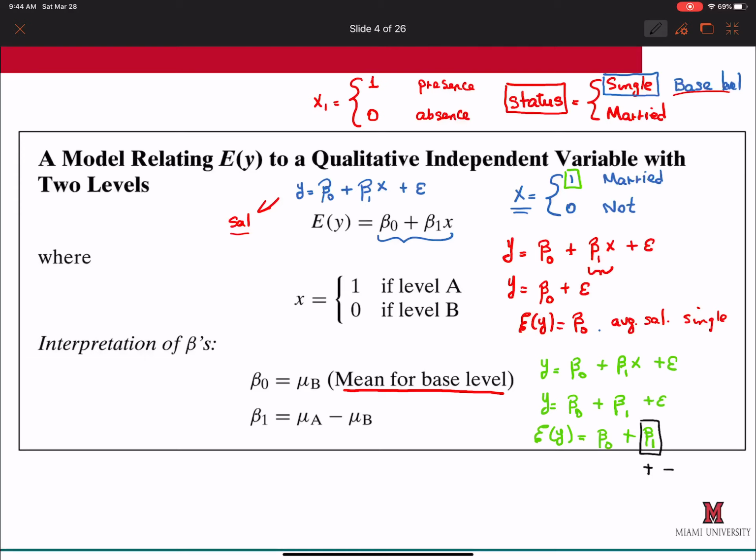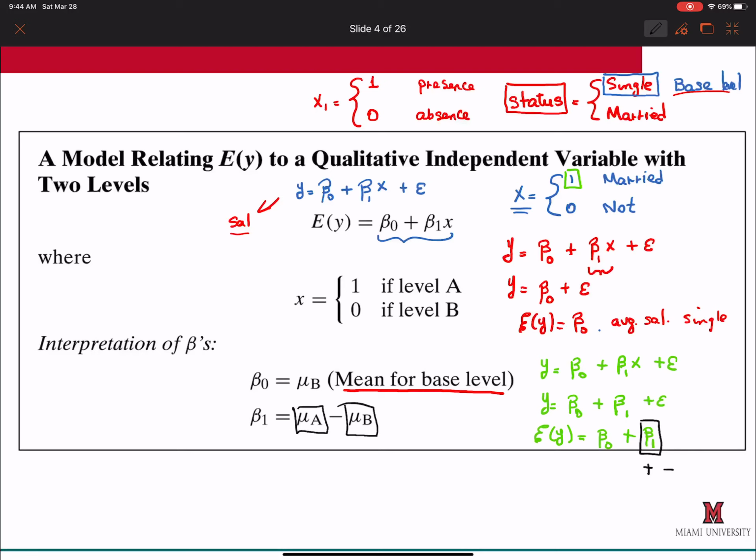Beta 1 is the average difference in salary for somebody who is married compared to somebody who is single. Remember, beta 1 can be a positive value, meaning it would add to the average salary, or it can be negative, which would subtract from the average salary.